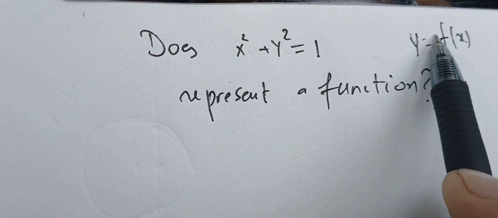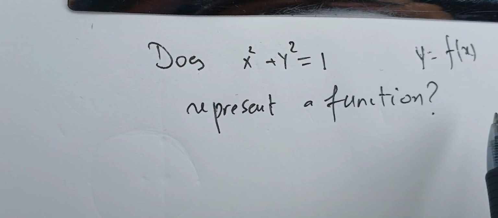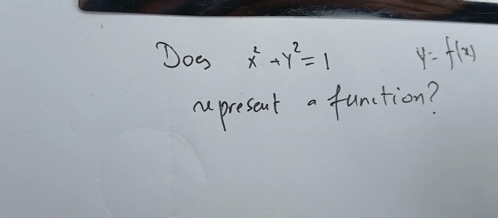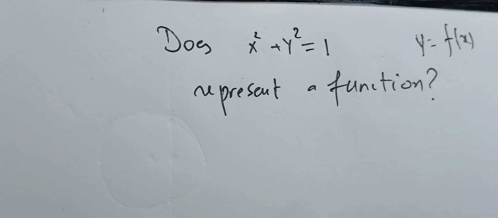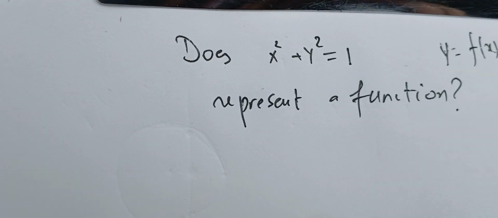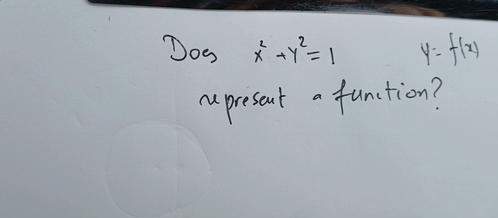In our case here, we can see that we can find an element that has more than one image.